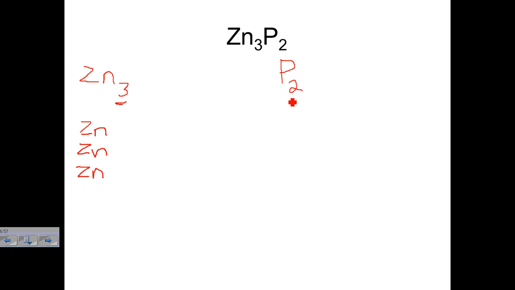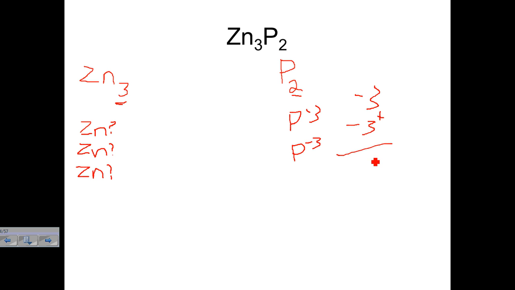How many P's would I have? Well, I have 2, so I'm going to put P and another P. Now I'm going to add up their charges. Well, I don't know zinc yet. But P, phosphorus, is in group 17. All group 17s have -3 charges. I'm going to add up -3 plus a -3.